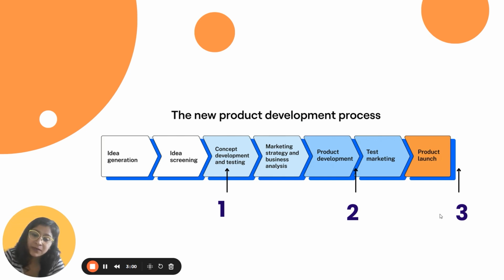We can also do it after the hi-fi prototypes have been made, just before a product launch. And the third stage is when we test some features, maybe with a specific audience, to see how this is working out. So the third stage is after the product launch.